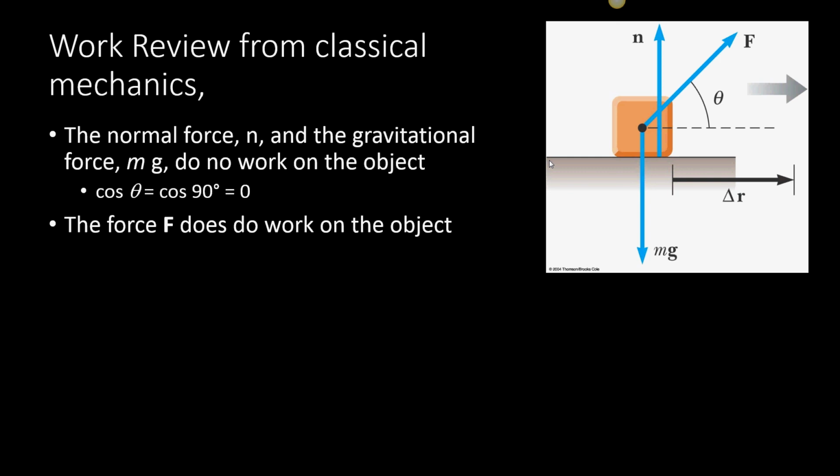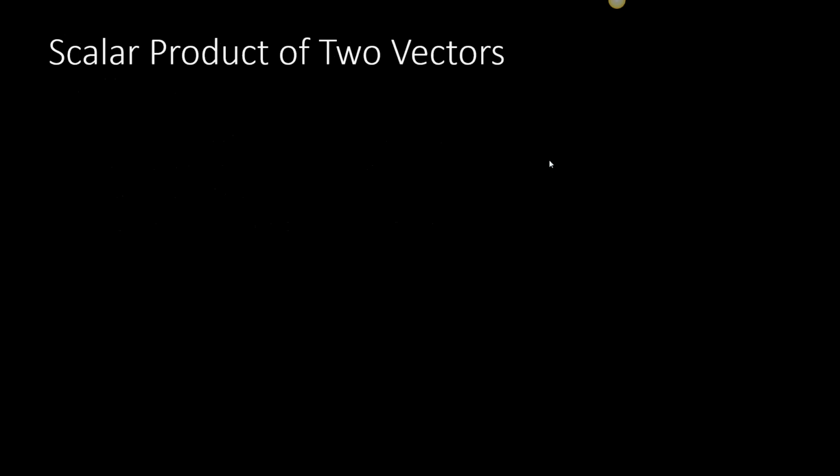The force F does do work on the object, but it's only the component which is in the horizontal direction. And so we're going to talk about this, and that's defined as the scalar product of two vectors. We start off with this kind of a diagram.